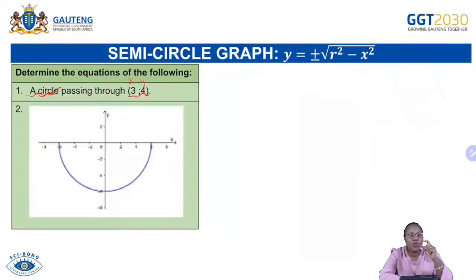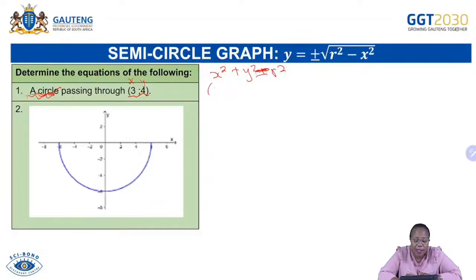Remember, I said to you, r plays an important role in all your circle graphs. So now if we have x and y, we can easily calculate r squared. So here we depend on the equation x squared plus y squared is equal to r squared, because it's a full circle.